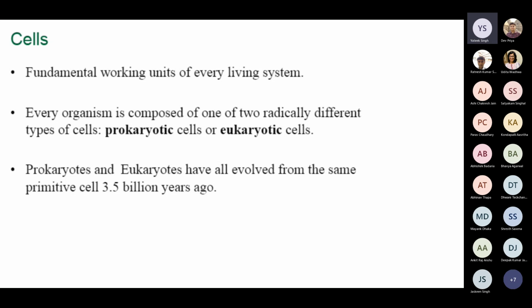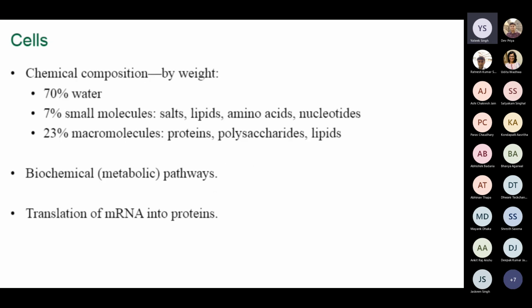There can be two kinds of cells, eukaryotic and prokaryotic cells. A cell by weight is mostly water, 70% is water. Why is it water? Because life evolved in water, right? 7% is made up of small molecules, which is basically salts, lipids, amino acids, and nucleotides. So you can say these are monomers or metabolites that exist in the cell.